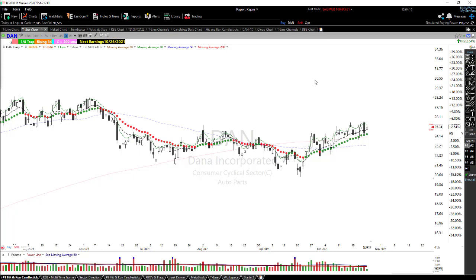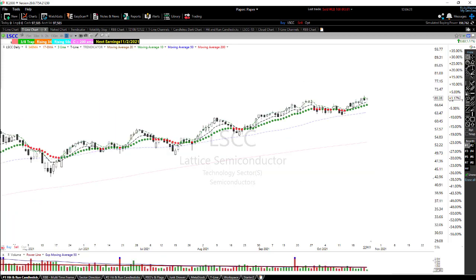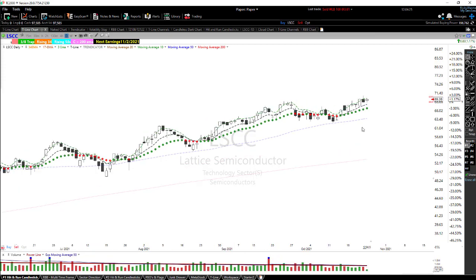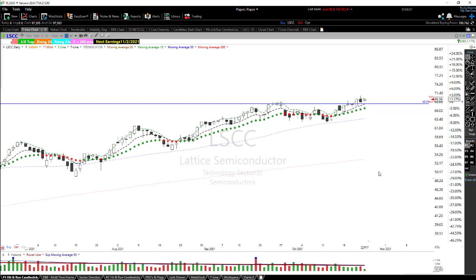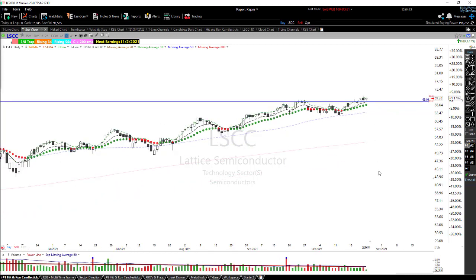Okay. All right. So here's some charts that I'm kind of following and looking at. LSCC has broken out here. This is one that I'm considering entering. The reason I am: one, it's coming up on the scanner.